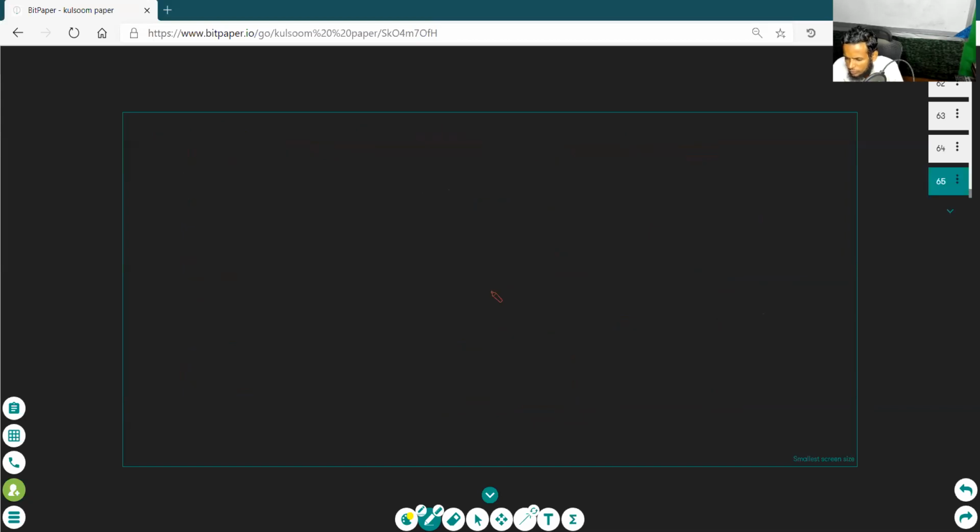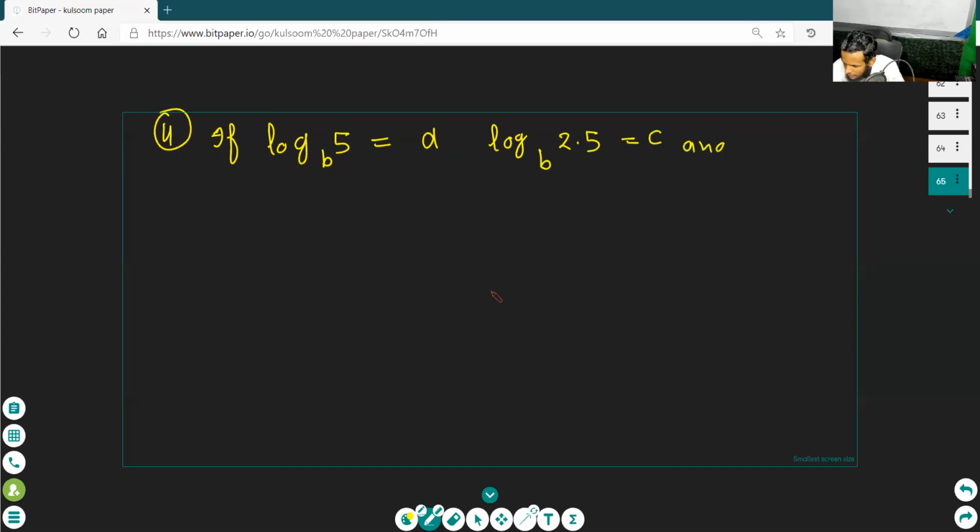And now, if log 5 to base b is equal to a, log 2.5 to base b is equal to c, and 5 raised to power x is equal to 2.5, then find the value of x.